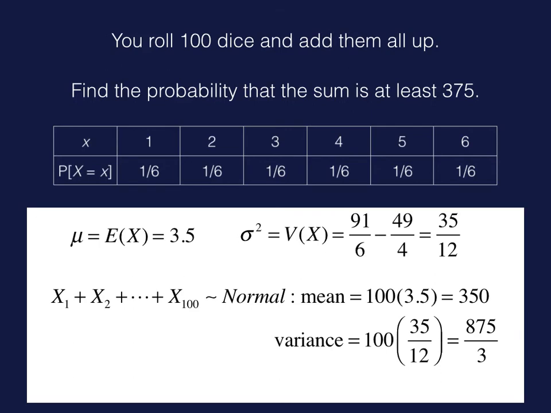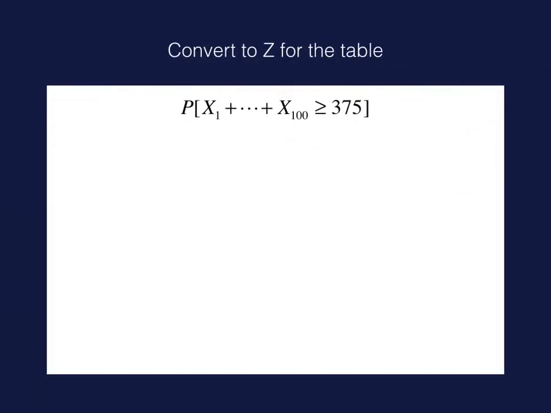So turning this into z for the table, the probability that the sum is bigger than or equal to 375, and let's also stop for a minute and make sure we do the continuity correction, because dice can only be whole numbers and the normal is continuous. So this is greater than 374.5 with the continuity correction.